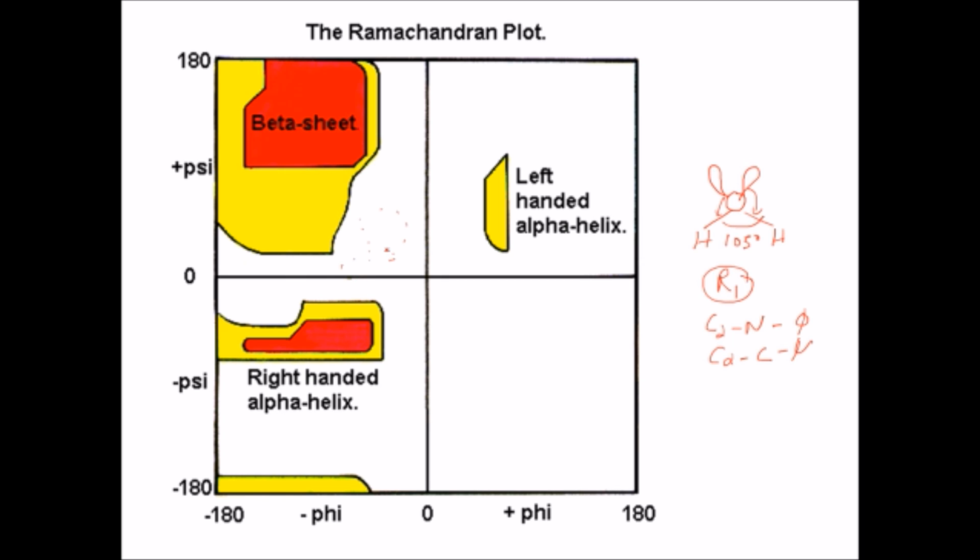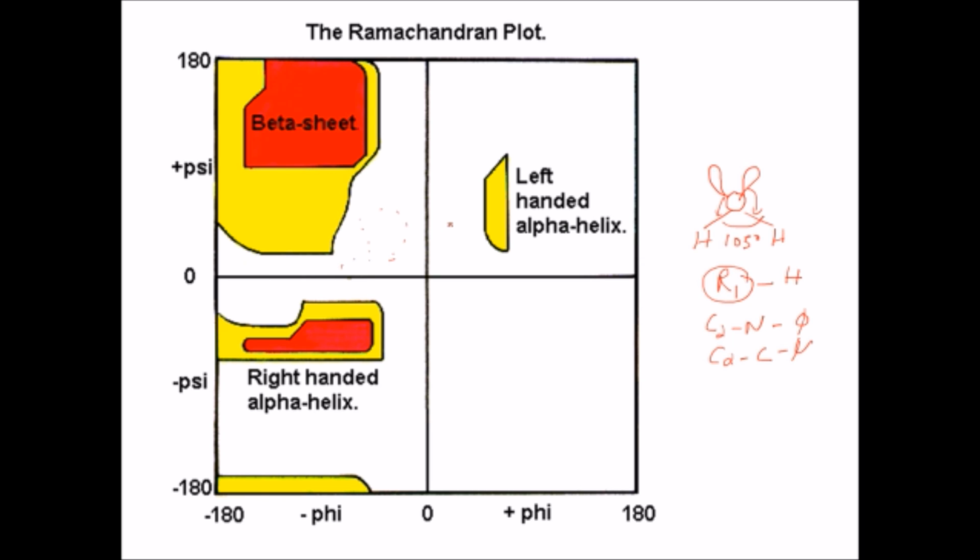The only exception is glycine, which mostly lies in the allowed region. This is because the R group of glycine is H, so there is no steric hindrance from this H group, in comparison to proline, which has a very bulky group, and other amino acids too.